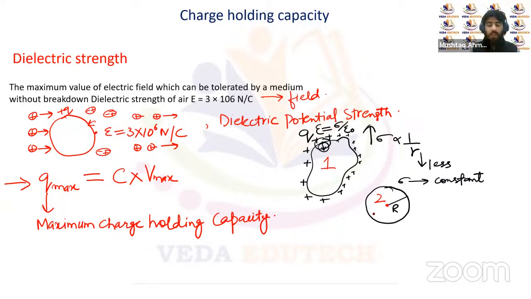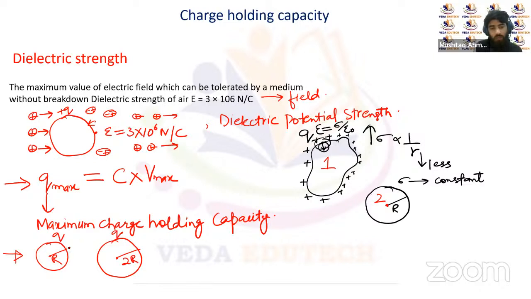The maximum charge holding capacity depends upon the shape and also the size of the conductor. Let's take, for example, a sphere of radius r and another sphere of radius 2r, and we are supplying the same charge q to both.